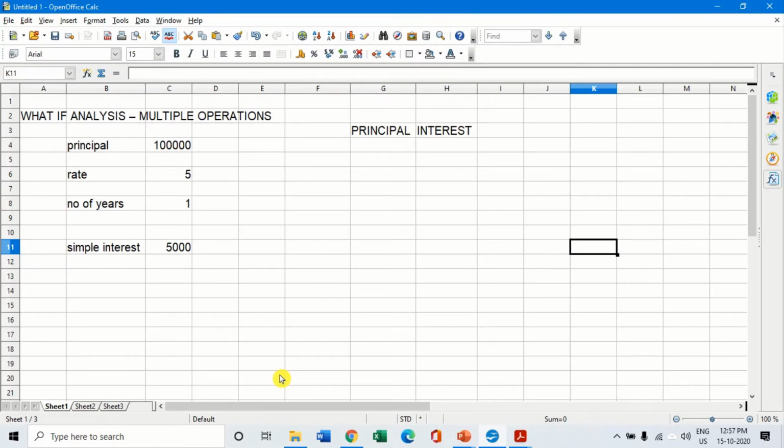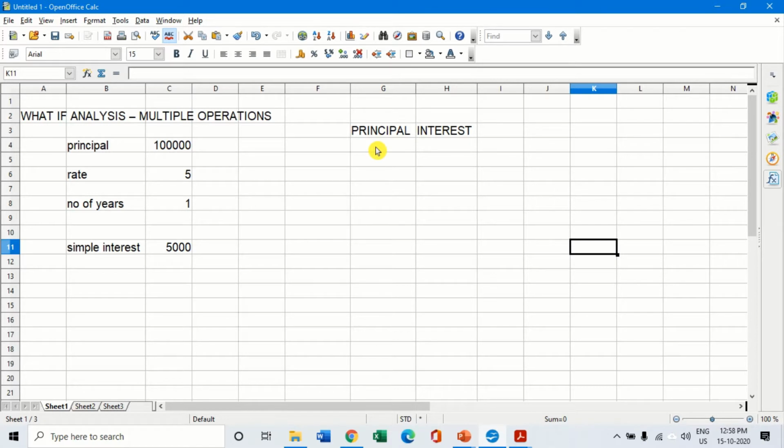In our previous session, we had learned how we can create multiple scenarios and understand how the same formula can be applicable for multiple values. But in case of scenarios, we saw that at the same place the scenario was being changed and the values were being displayed. Now we go on to how we can do this what if analysis using multiple operations.